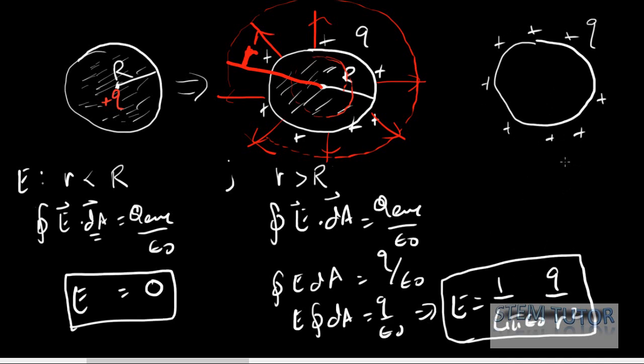But say you had an insulator. Let's do this on a clean sheet. Say you had an insulating material, and it's a sphere, and it's uniformly charged like this.